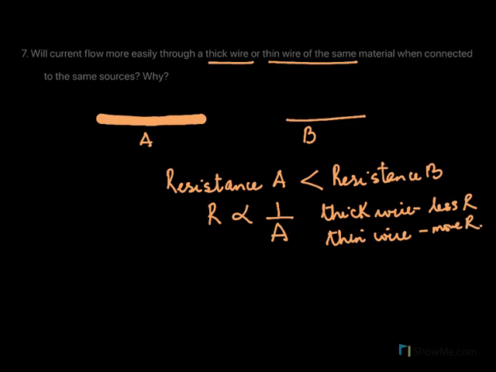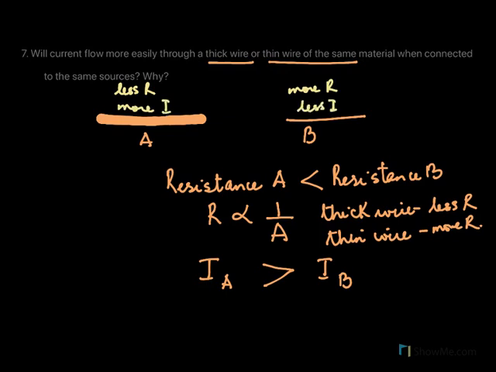Since the resistance of A is less, the current in A will definitely be more than the current in B. Less resistance means more current. Thick wires have less resistance, thin wires have more resistance.